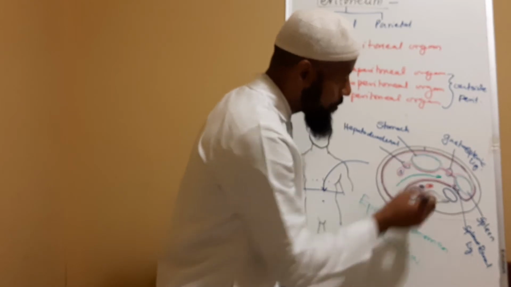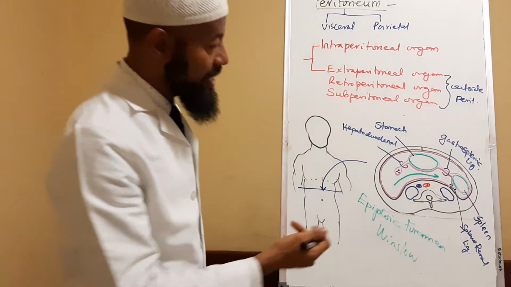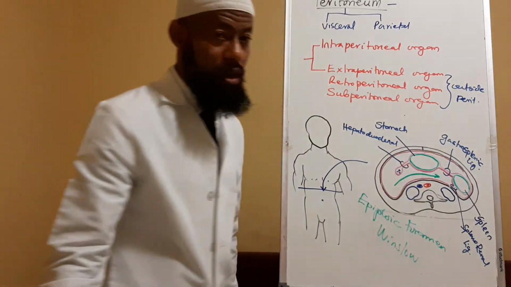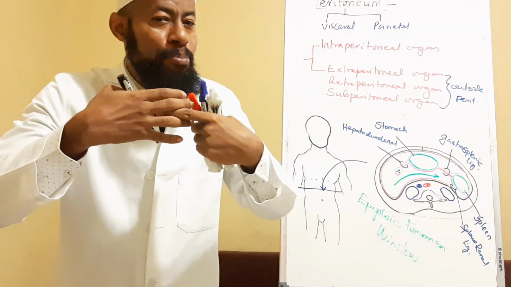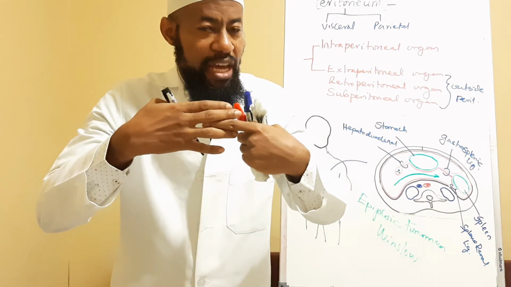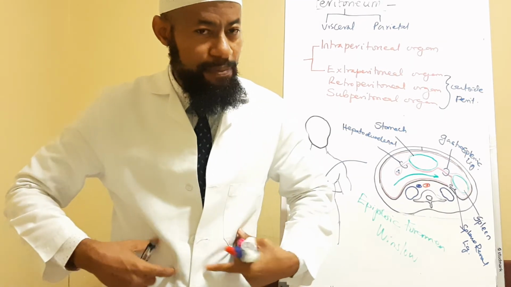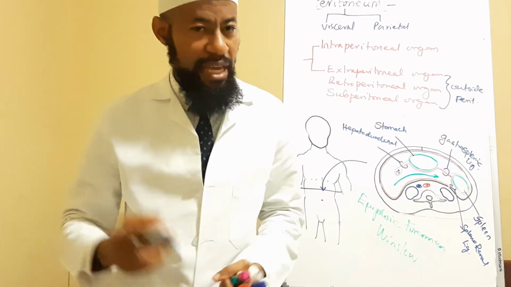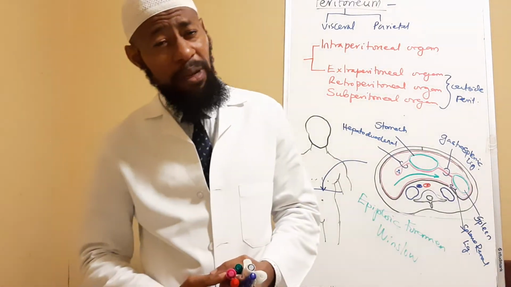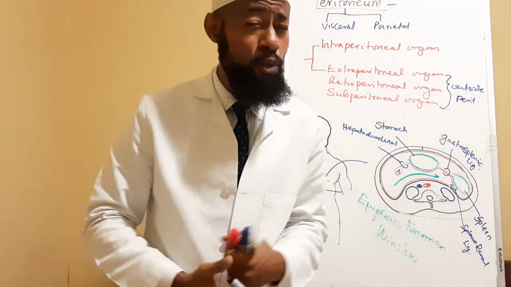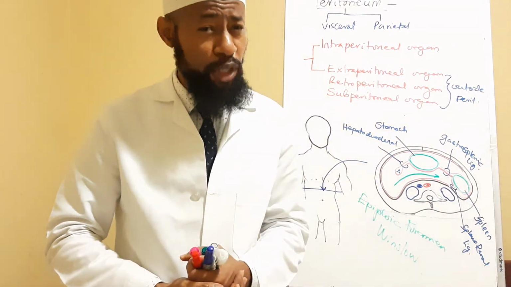That's the linea alba. Do not forget that the linea alba is formed as a result of the coming together of the aponeurosis of the abdominal muscles. The external oblique muscle, internal oblique muscle, and transverse abdominis muscle all have aponeurosis.